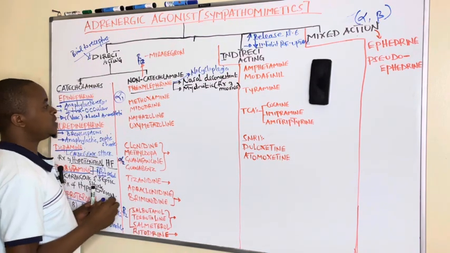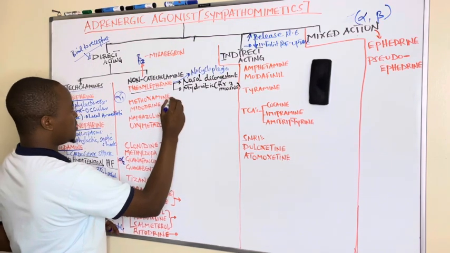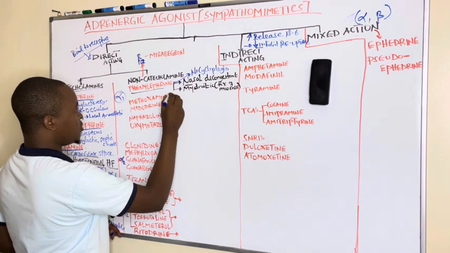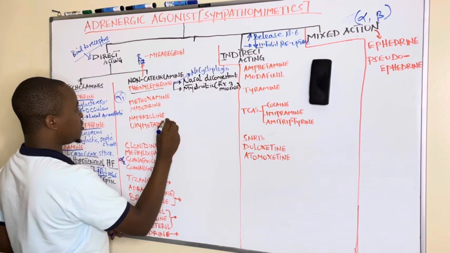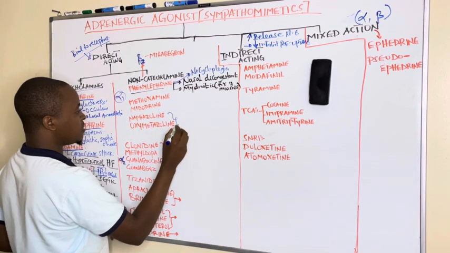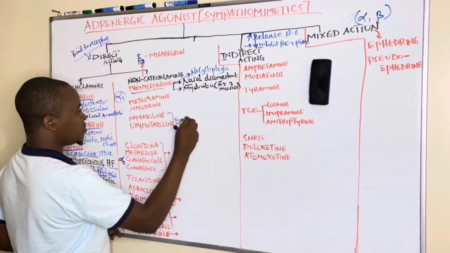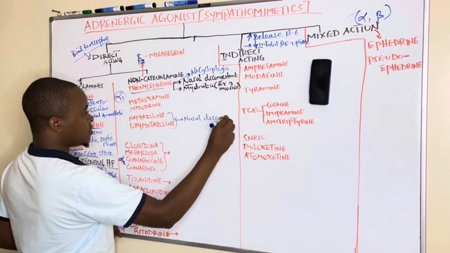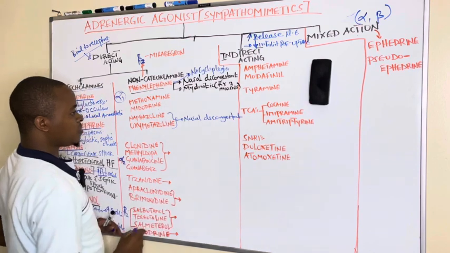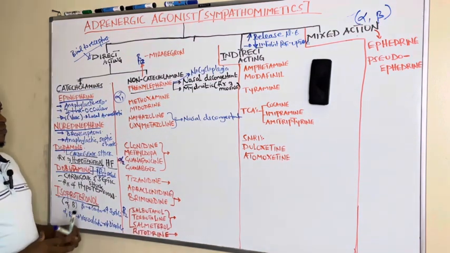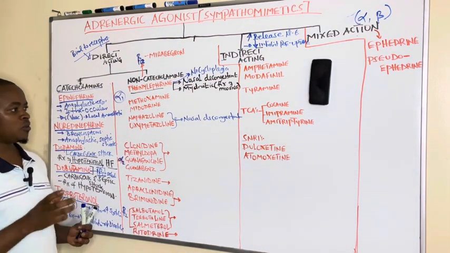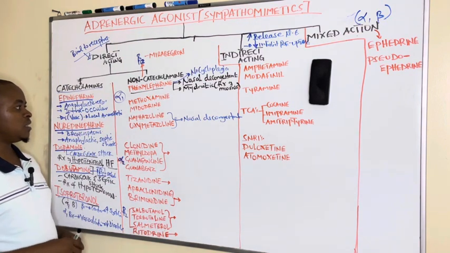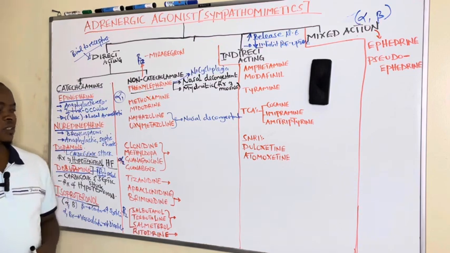Then methoxamine and midodrine. Before I talk about midodrine, naphazoline and oxymetazoline, these are good nasal decongestants in the case of common cold, in the case of any pulmonary obstruction condition, we can use naphazoline and oxymetazoline.